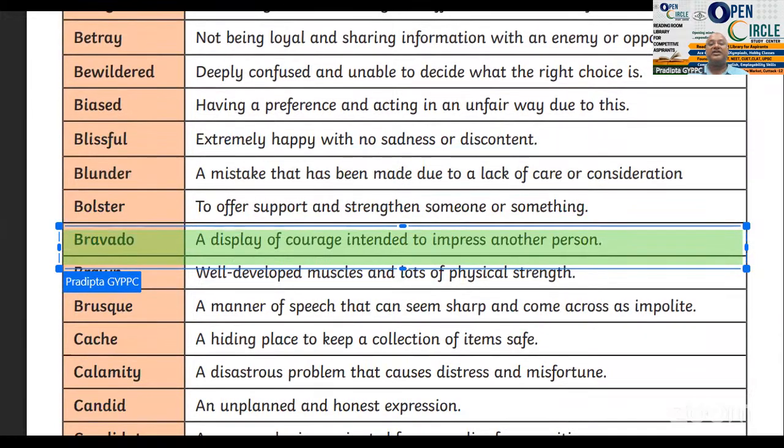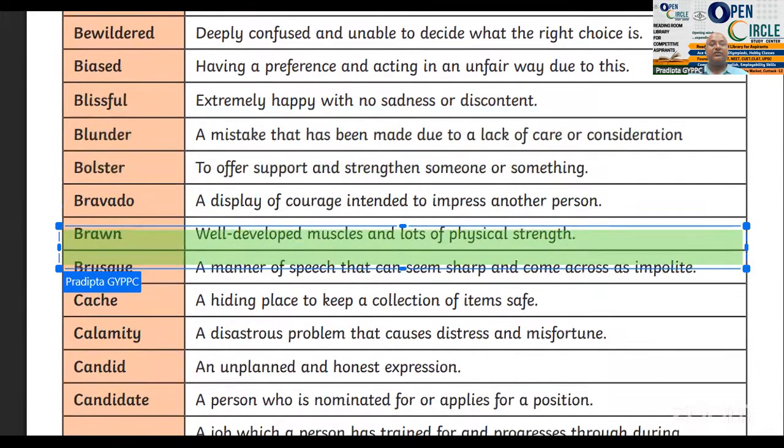Bravado. Bravado means a display of courage. Like he jumped and started running towards the front. It was a bravado. Brawn. Brawn means muscles. You must exercise your brawns to be strong.